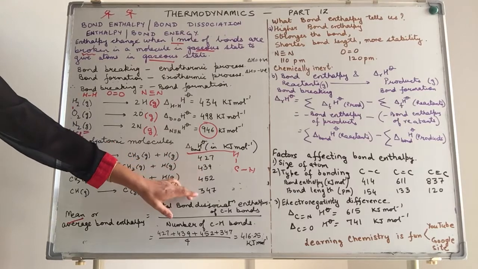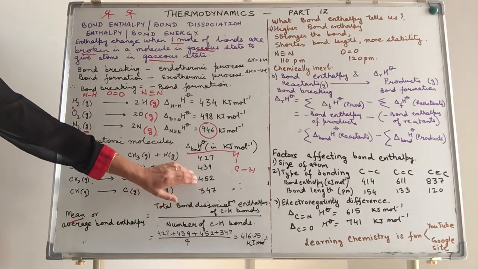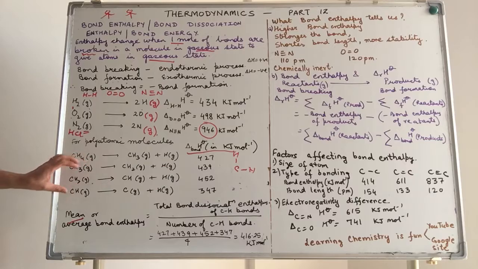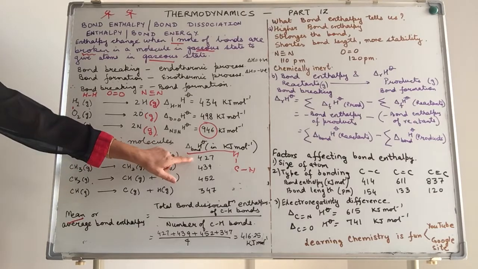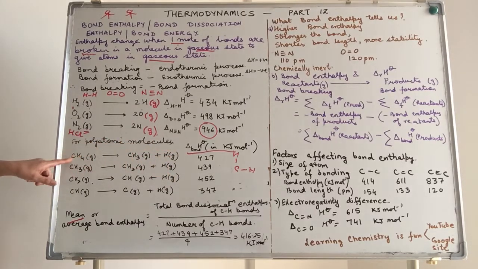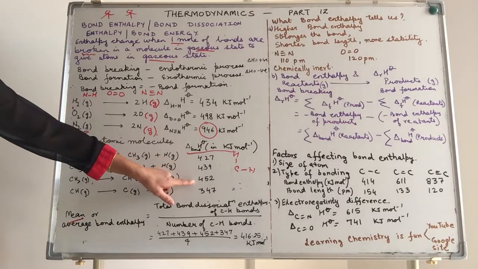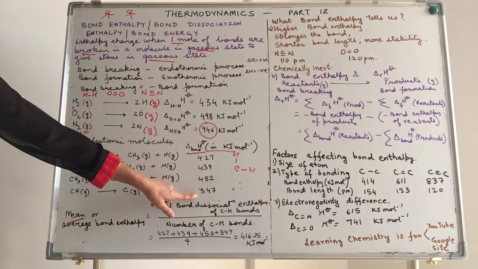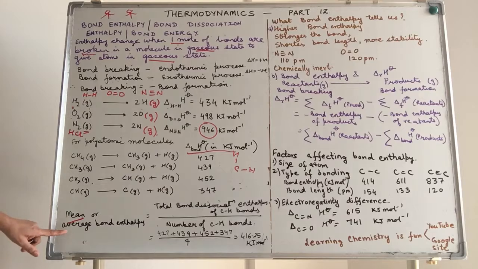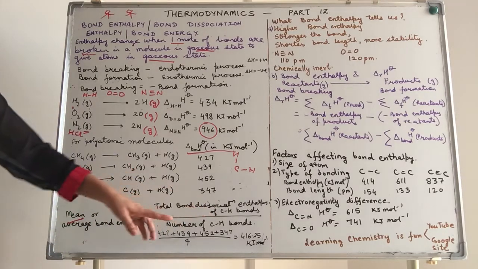These values specifically are called the bond dissociation enthalpies in this particular case. So this is the bond dissociation enthalpy of the C-H bond in step 1. Step 2, that is for the second hydrogen, step 3 for the third hydrogen and the removal of the fourth hydrogen. Whereas this in general is the C-H bond enthalpy.